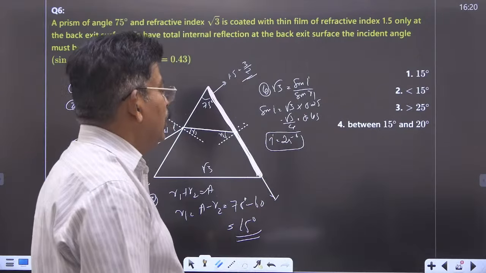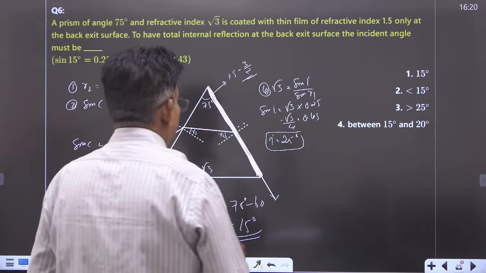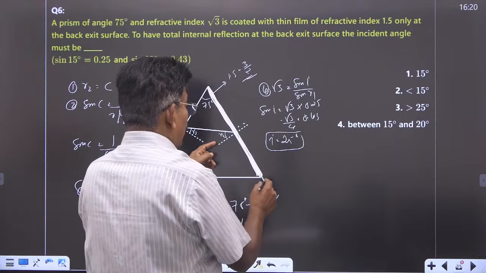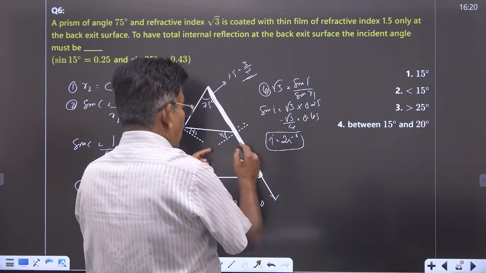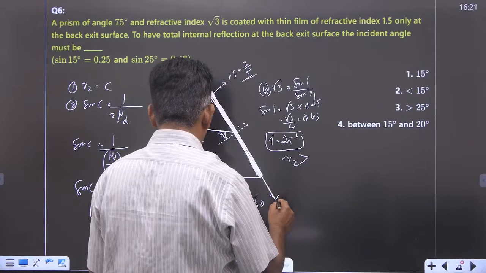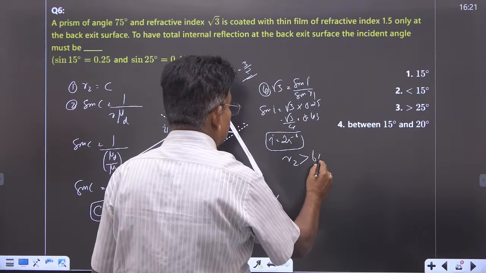What is the option given? Greater than, less than, like that. Now tell me, just listen very carefully. For total reflection to happen, R2 should be greater than what value? R2 should be greater than 60 degree.